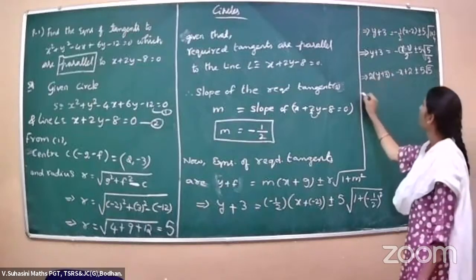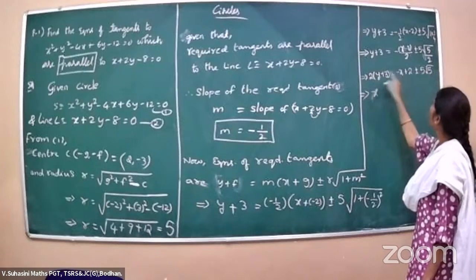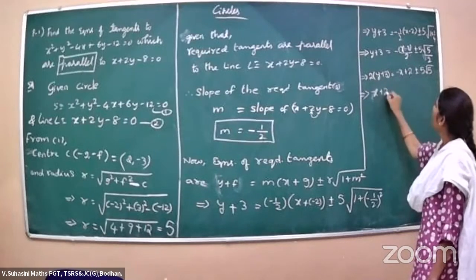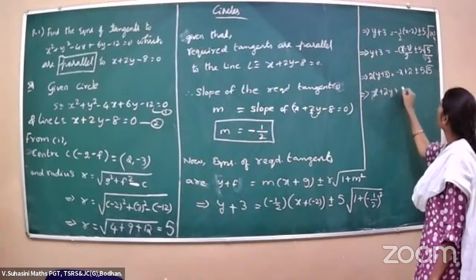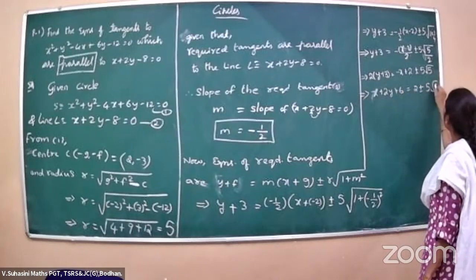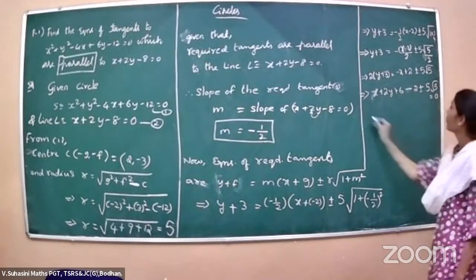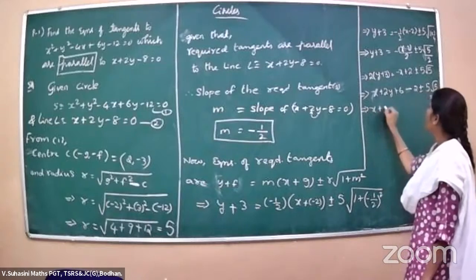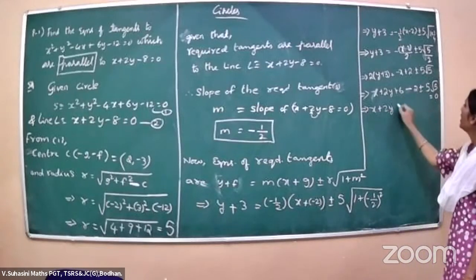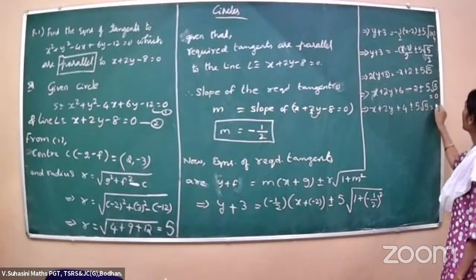Minus x transposed to this side with respect to subtraction becomes plus. So x + 2y, 6 minus 2 is 4, plus or minus 5 root 5 is equal to 0.